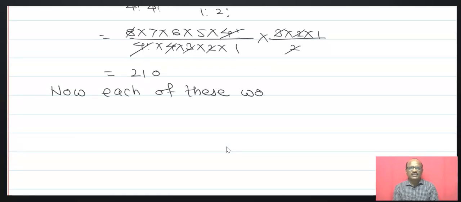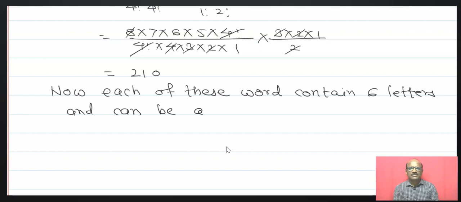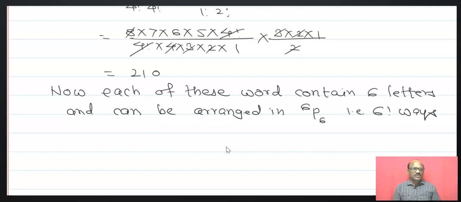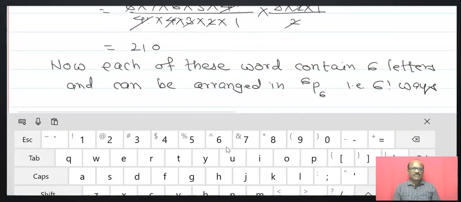Now each of these words contains 6 letters, and they can be arranged in 6 factorial ways, that is permutation.